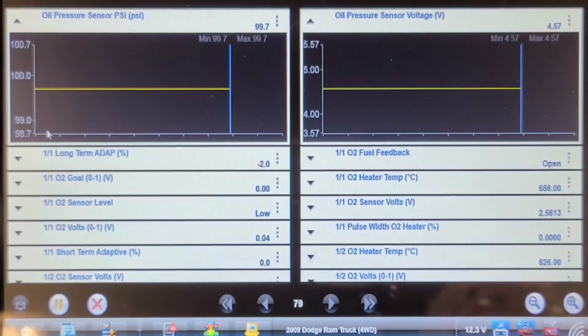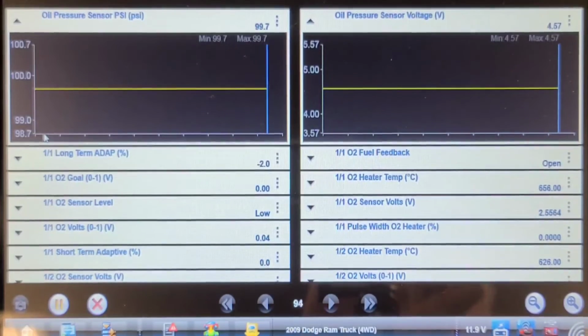Pretty good. It's got 99.7 psi oil pressure not running, so it looks like the oil pressure sensor or circuit has failed. I was proactive the other day and picked up an oil pressure sensor, so let's just plug it in and see what it does.